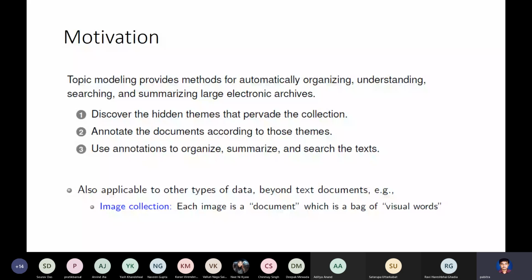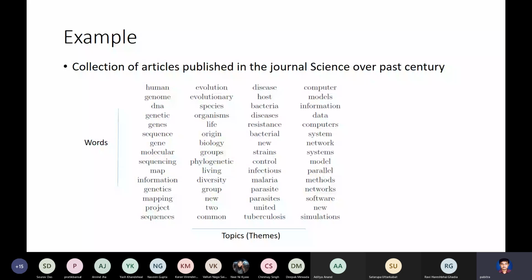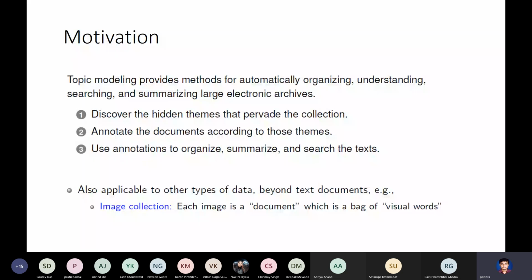Okay, and this need not be restricted to just text. It can be extended to image collections, where you consider an image as a document, and then image features, let's say the color or a small edge or something, can be thought of as tokens. In fact, what we assume in this exercise is that a document is a bag of tokens, a collection of words.